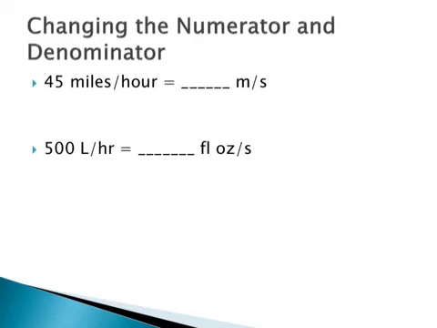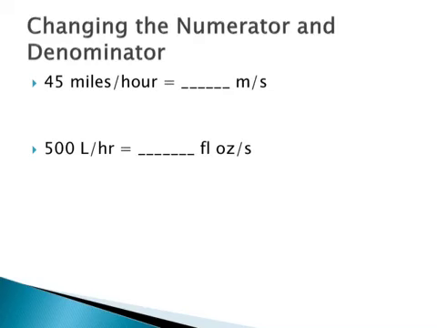So let's start with the first example, and I kind of hinted at this in the previous slide, is going from miles per hour to meters per second. So notice, if we looked at a simple conversion, that would be like converting miles to meters, as well as hours to seconds. But notice we are taking both the numerator and the denominator and converting them to different units, talking about the same length, or same dimension.